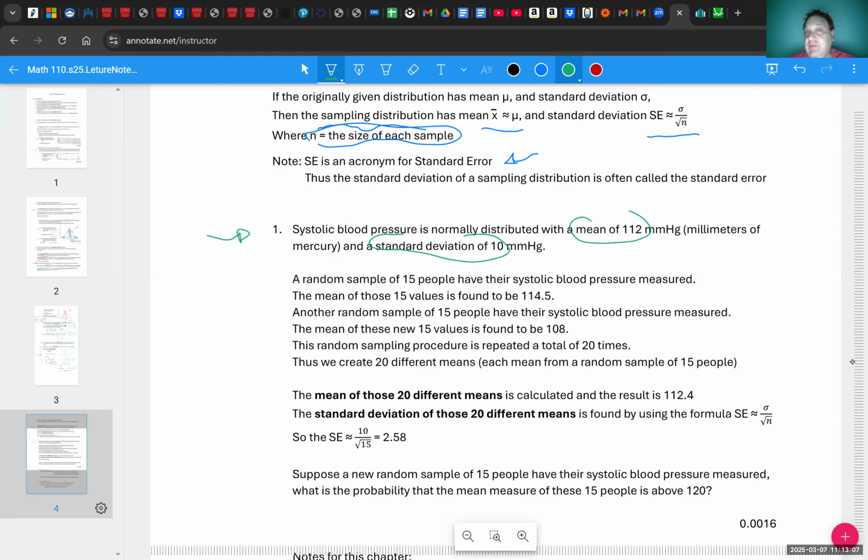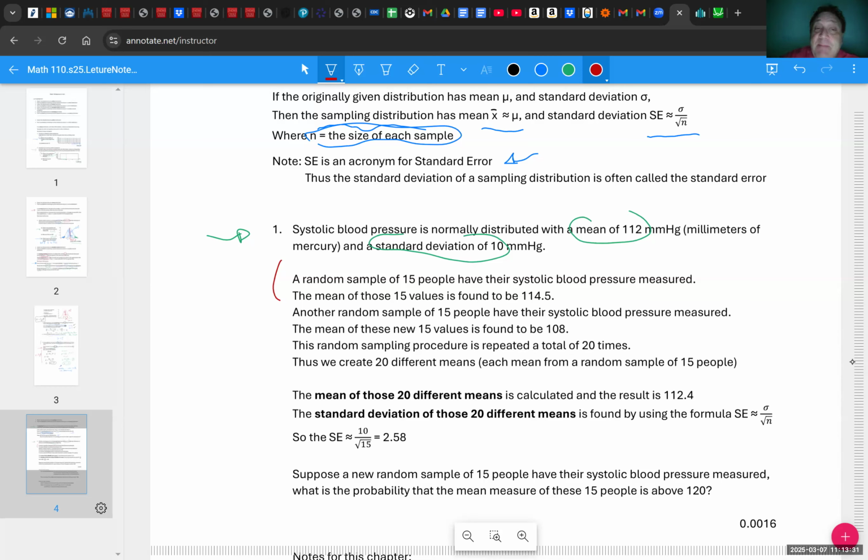So what do we do to find the sampling distribution? Well, here's an example. We're going to take a random sample of 15 people. So of all the people that were having their blood pressure measured, all these Americans or whatever the population was, we take a random sample of 15 people and have their blood pressure measured.